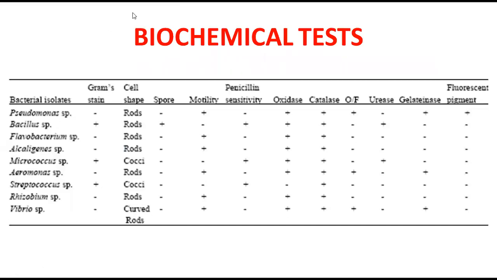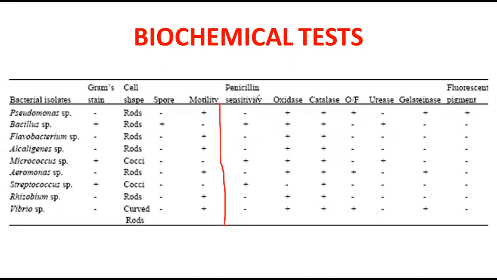For example, you are dealing with Pseudomonas, so you check whether it is gram positive or gram negative. You have done the gram staining, and you have checked the cell shape, the spores, and the motility through the microscope. After that you will perform different tests. You can check the antibiotic sensitivity, that is, to which antibiotics the microorganism is showing sensitivity.